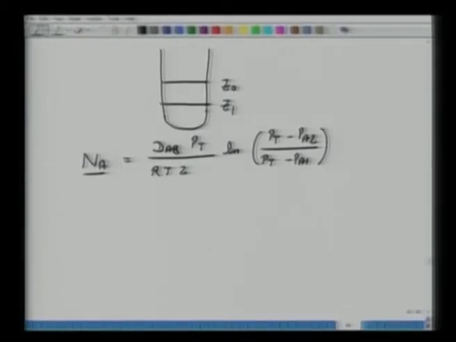Now we are saying that Z is also a function of time and NA is also a function of time. That's a step where we have to be careful in applying this quasi-steady state. And here we apply this because this drop of 0.5 centimeter takes place over a very long time, and the diffusion rate here is faster than the rate of decrease of this level.